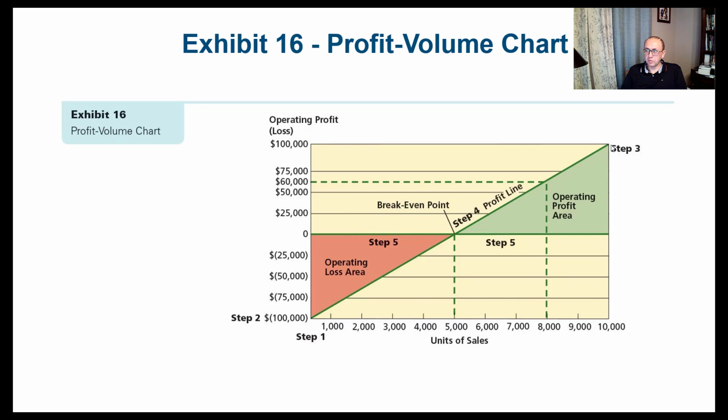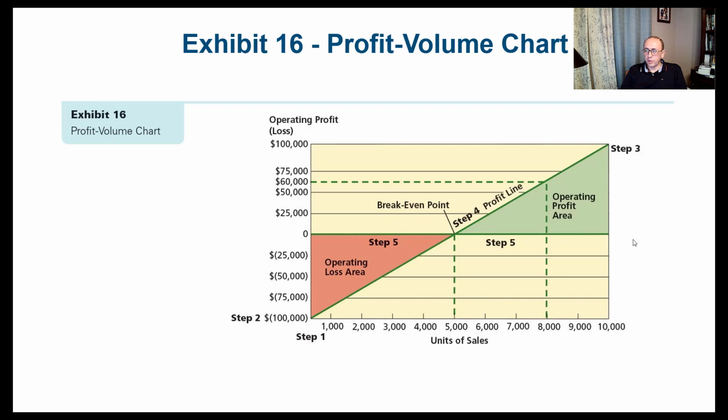So that would be the second point. So step 4, we're going to connect this line between the 0 point of units of sales, at minus $100,000, and the 10,000 units of sales, which is at $100,000.